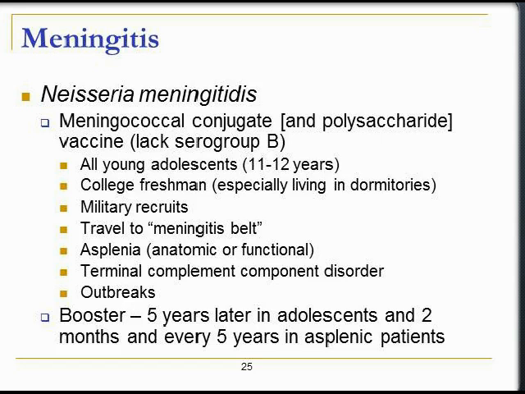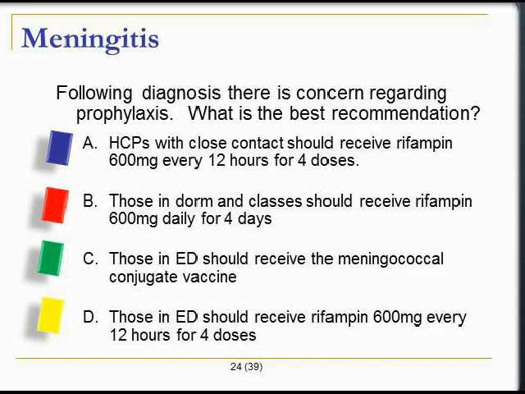And then there's a recommended booster 5 years after adolescents receive their first meningococcal vaccine, and then for asplenic patients after 2 months, and then every 5 years for the rest of their life. So the correct answer for this would be A. And recommendations for H. flu, which again we don't see that much anymore, are also in your handout on the bottom of page 25.